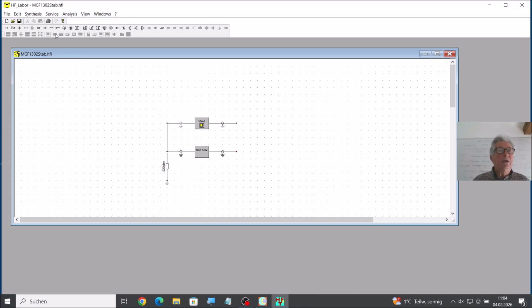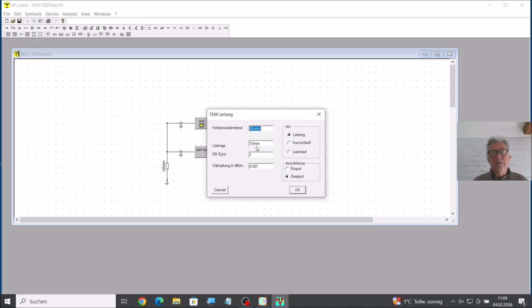So I have to take a transmission line here first. This is always first an air-filled transmission line. So here I must go to 34 millimeter.